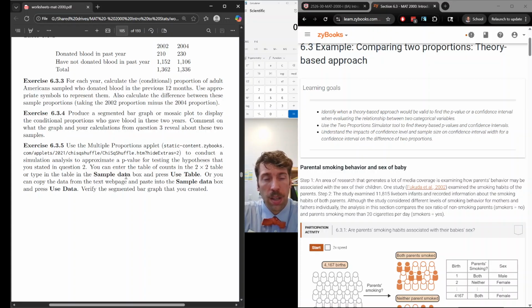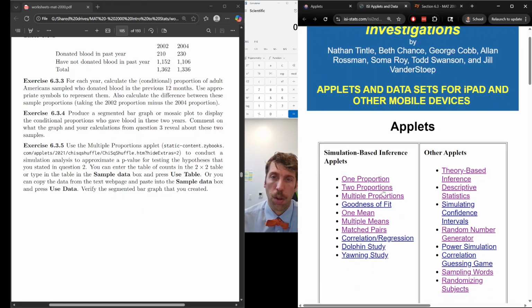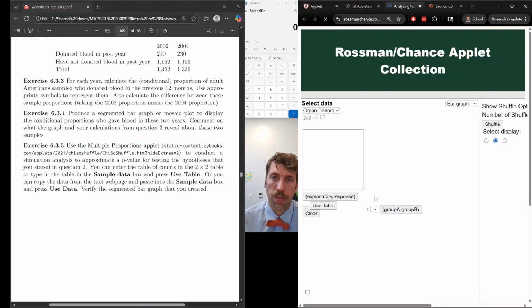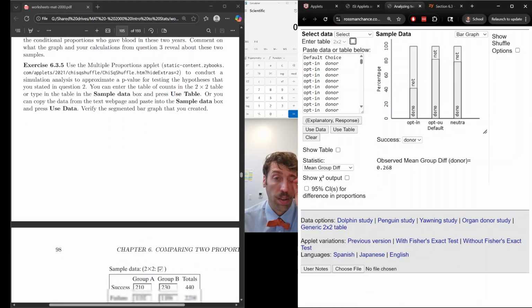All right. Now, for number 5, use the multiple proportions applet, which there's a long URL right there. Or you could go from our Canvas, click on applets, and then multiple proportions. And then they tell you how to enter the data.